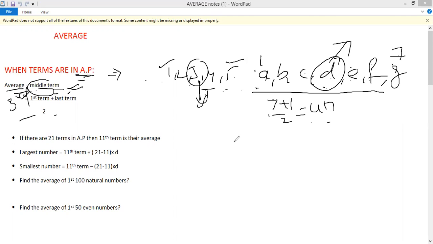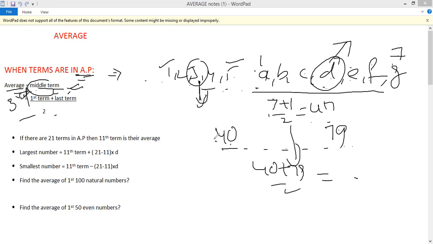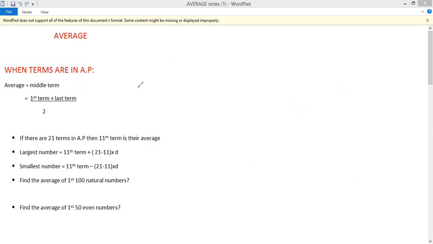How do we know the middle term? Suppose this is the 40th number and this is the 79th number. First plus last by 2 gives the middle number: 40 plus 79 by 2. So the middle number is the average term. This is first term plus last term by 2.